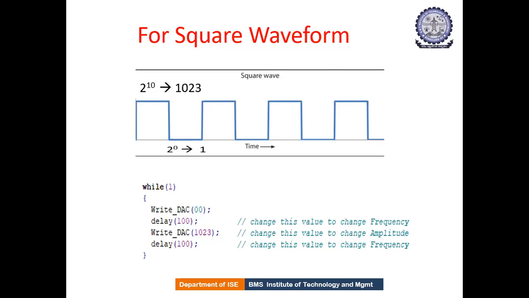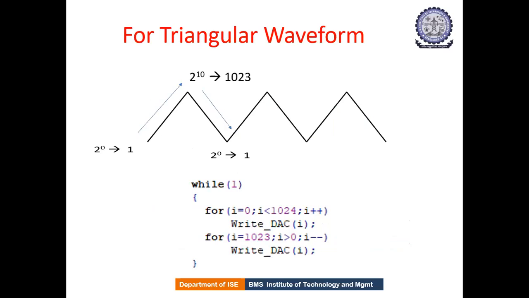Similar to the square wave, we have the triangular waveform. The concept is very simple here. Even here we start at 2 to the power of 0. We have a for loop: i equals 0, i less than 1024, that means i goes up to 1023, i plus plus. You are writing DAC of i.